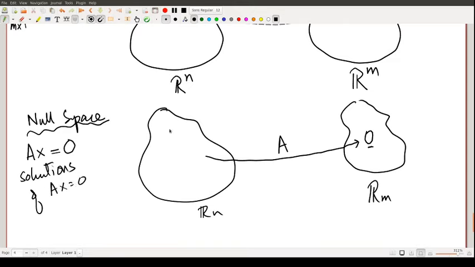Let's say these solutions are x1, x2, some collection. Let's make a collection here made up of x1, x2 and all of these x's, such that Ax1 equals 0, Ax2 equals 0, and so on.